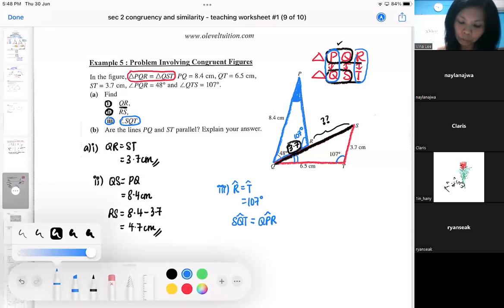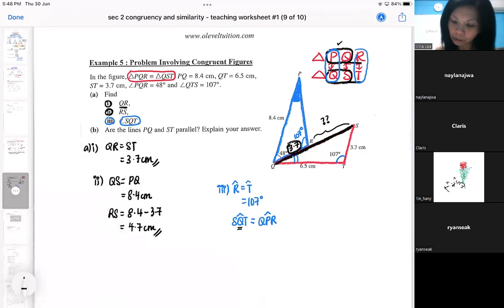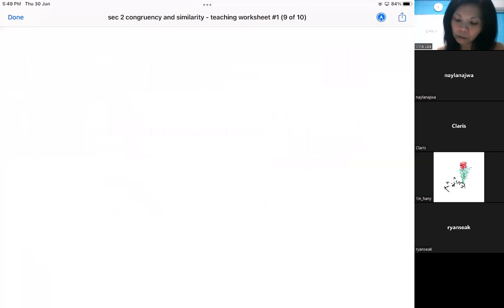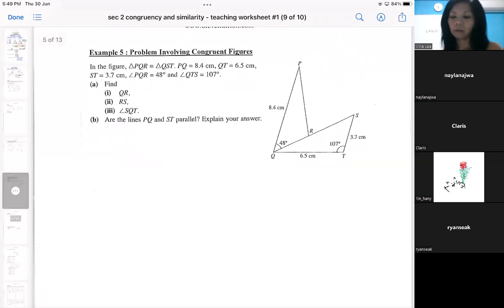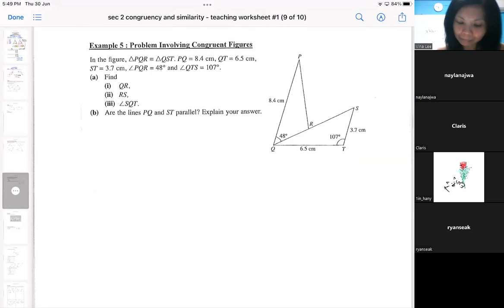Angle Q should match with angle P. After that, I will do my angle sum of triangle. So we keep matching, and if there's any pro portion, okay, I erase everything again.